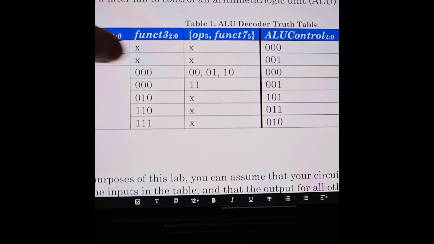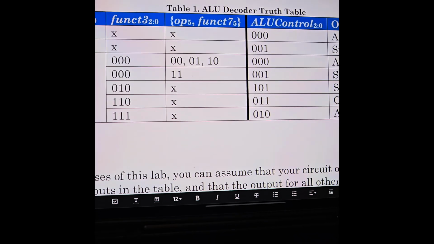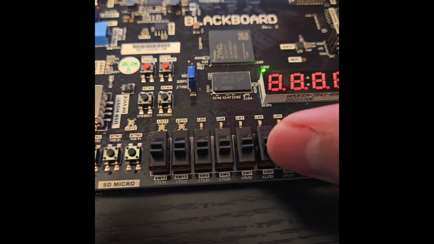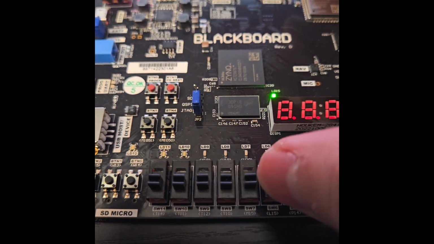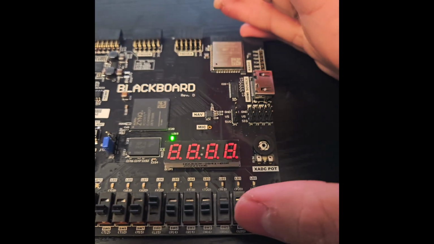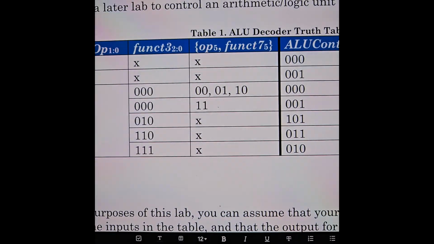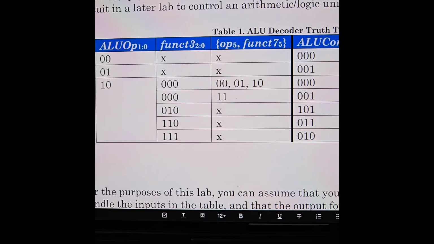And also I'm gonna try 0, 1, 1. So I'm gonna set 1, 0 and then the last 2 bits, and as you can see, it matches the requirement 0, 1, 1.